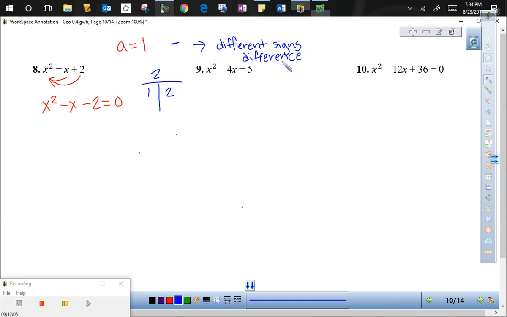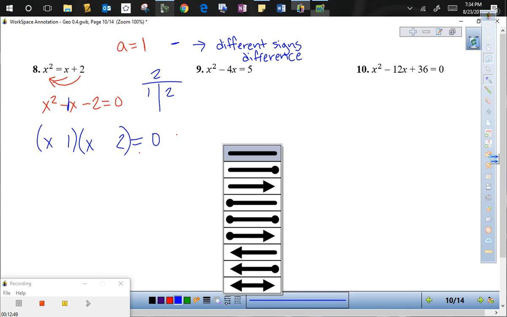We're looking for a difference of the middle term here. In this case, you can't see it, but that's really a 1. If you notice, 2 and 1 have a difference of 1, so those work out. So we're starting with x and x again. And then I've got a 1 and a 2, but I have to decide what the signs are. I said they're opposite each other, they're different, but I don't know which one's the positive and which one's the negative.